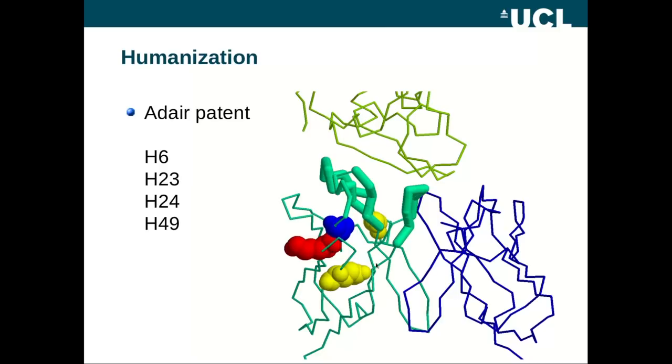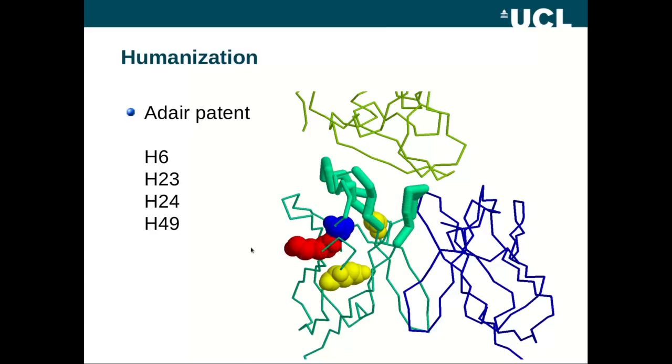H6, which is here at the bottom, which packs inwards towards the strands that support the CDRs. H50 up here in yellow, again at the base of one of the CDRs. H24 in here in blue, which again packs inwards towards the CDRs, and this position H23, which actually sticks outwards.